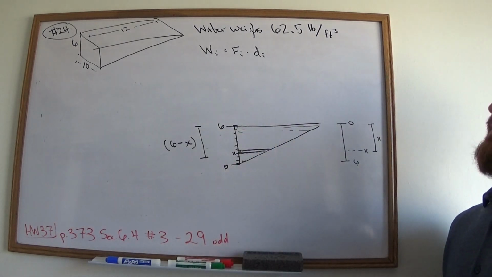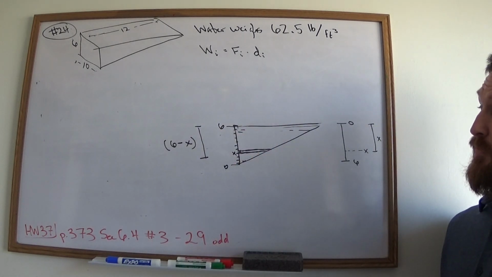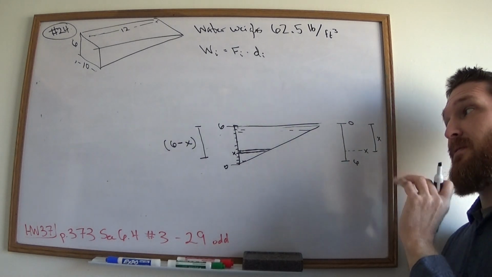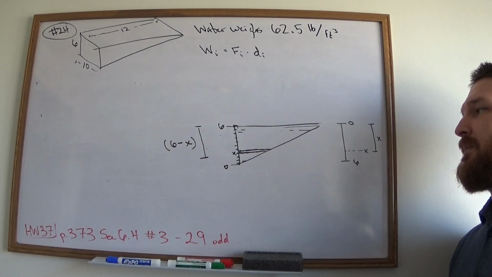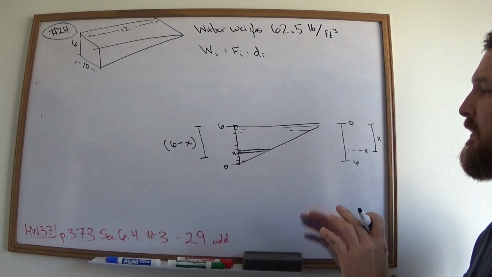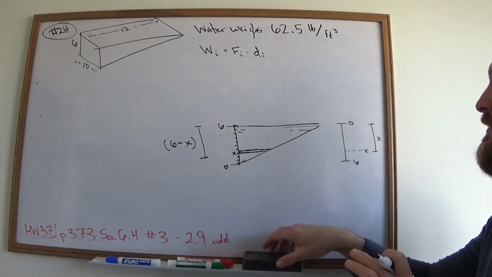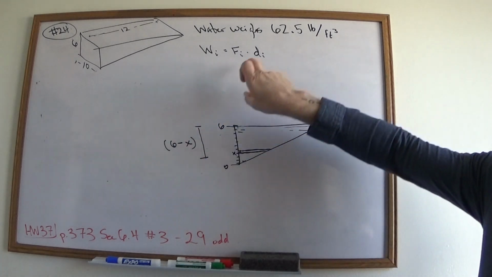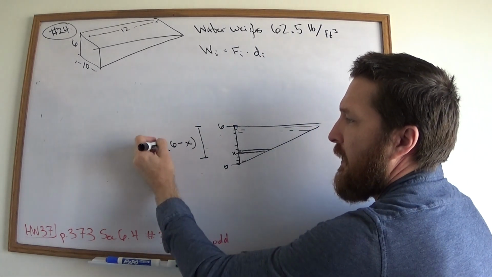I don't know. If we set everything up right, it should work just fine. It's just how do we want to do it, right? So let's do it this way, and we'll see what happens. Okay, so now that's the distance that I have. That's my d_i right there.